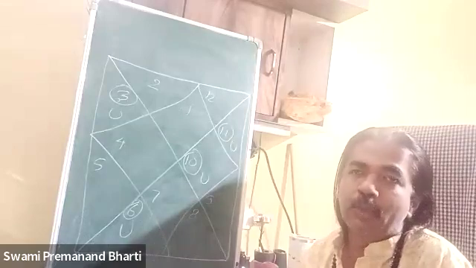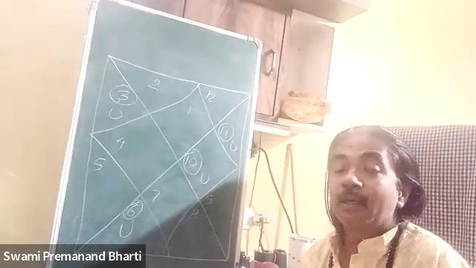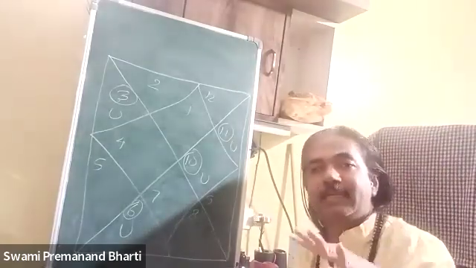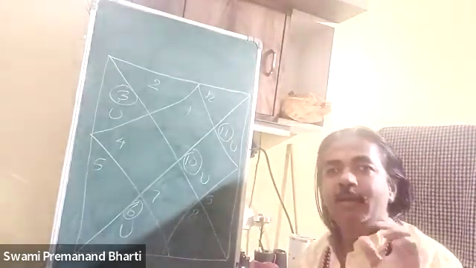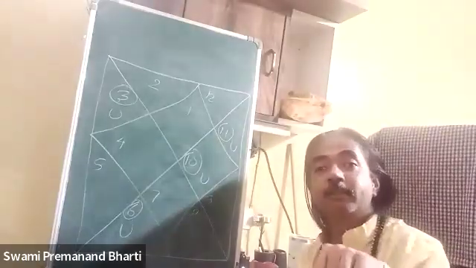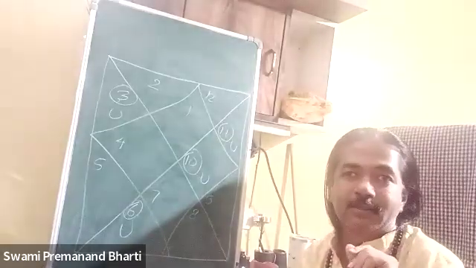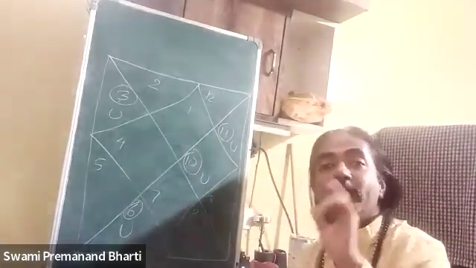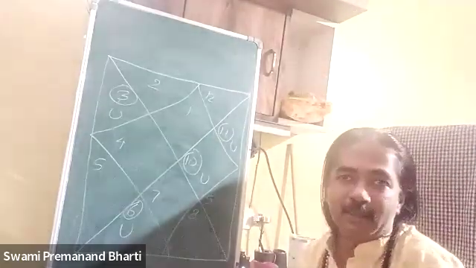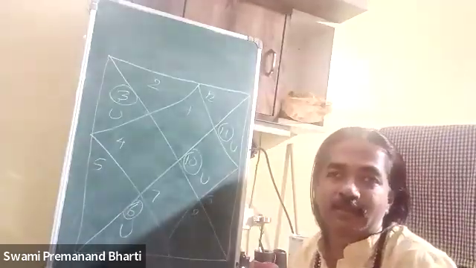Dasha plays a huge role. But suppose a person has no planet in Upachaya houses versus a person who has 4, 5 planets. The person with 4, 5 planets will have further delays in life, because he has lots of energy going into these houses.